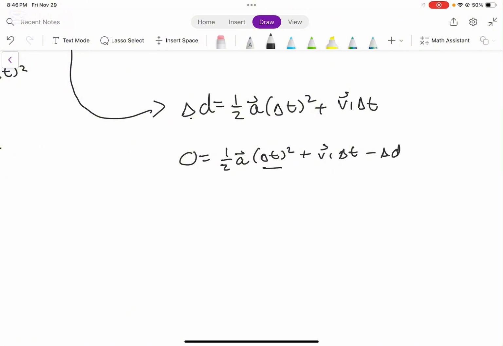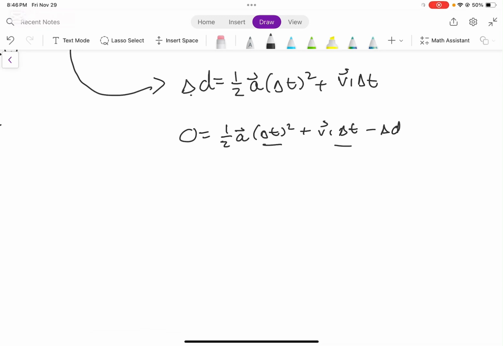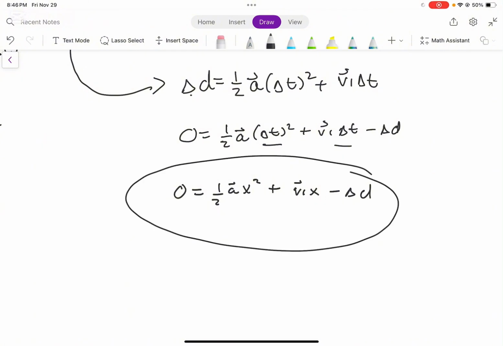Maybe it helps you see better if delta t is looked at as an x. So 0 is equal to 1/2 a times x squared plus v1 times x minus delta d. We have a quadratic, a linear, and a constant term right there. And whenever we have all of these together, we know that we have to use a quadratic formula.